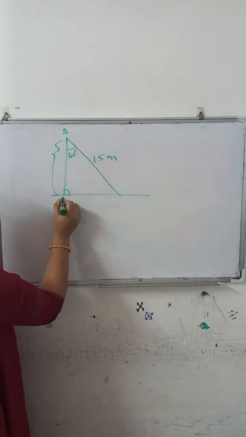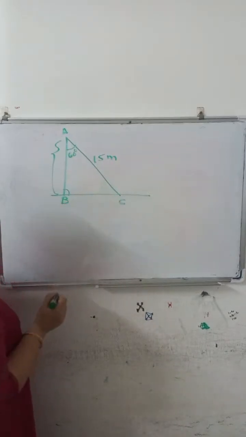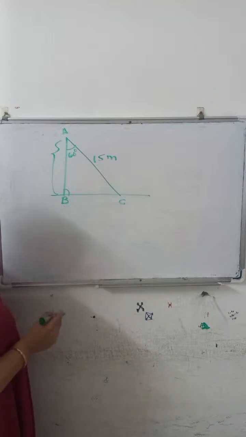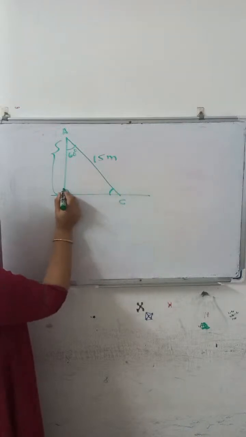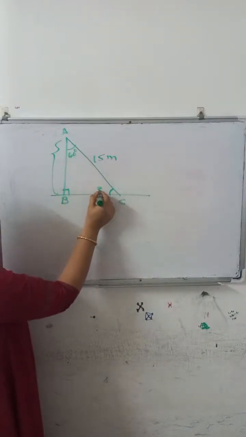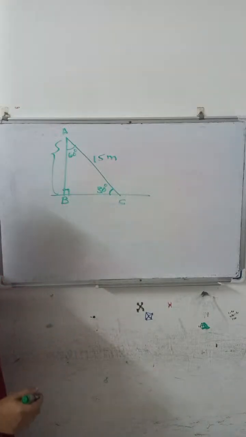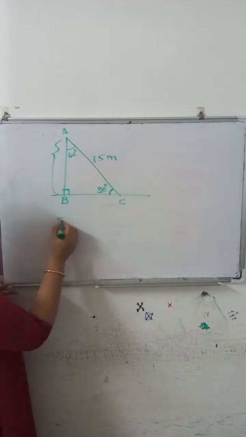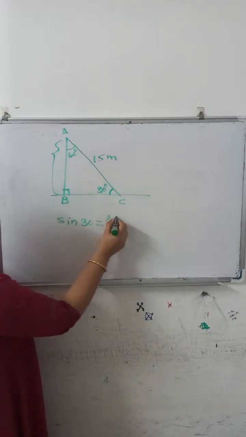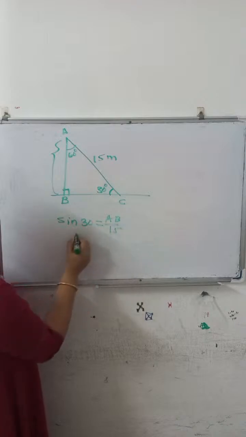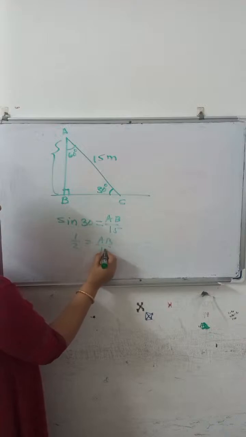You can take this as A, B and C. Can I do one operation here? Check. This is 90, this is 60, that means this is 30. If I apply sin 30, opposite by hypotenuse, this will become half is equal to AB by 15.